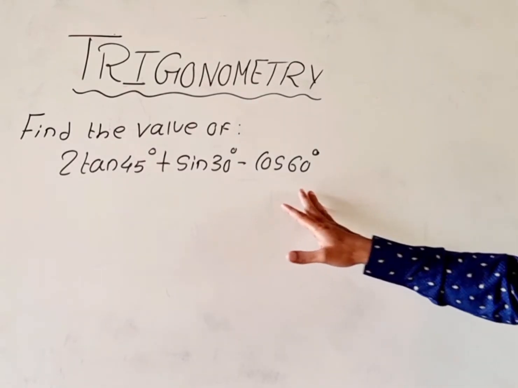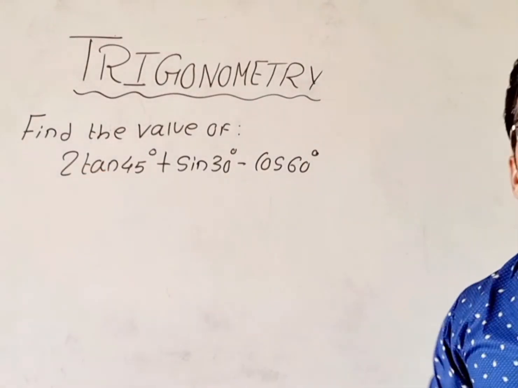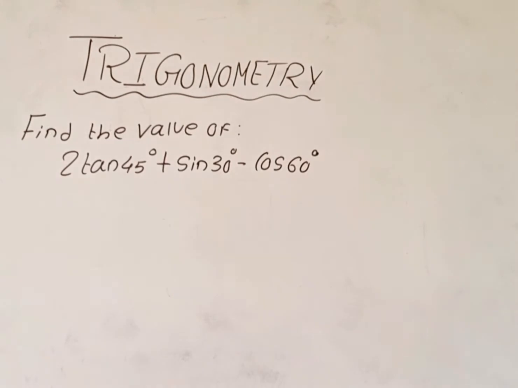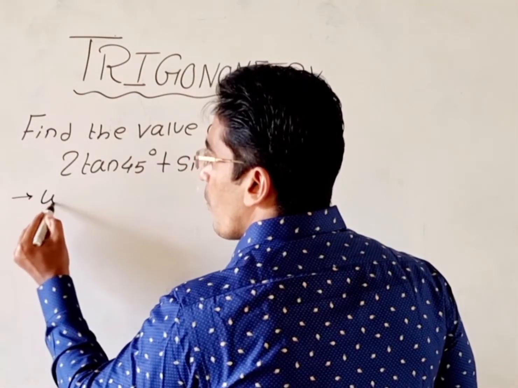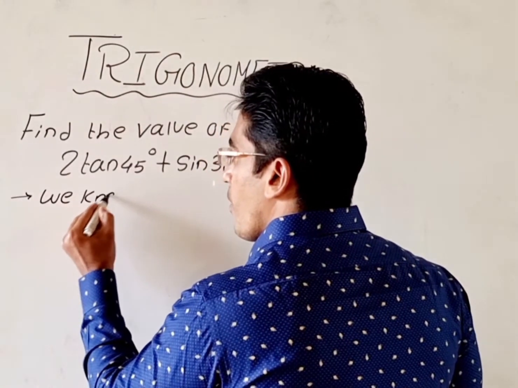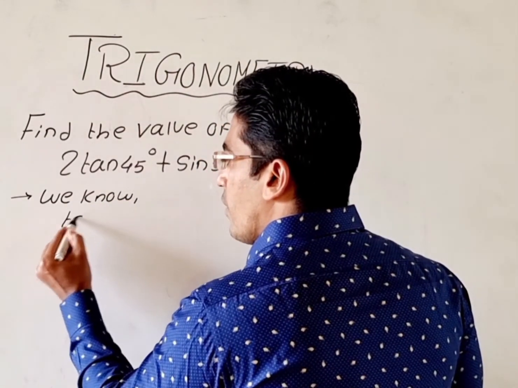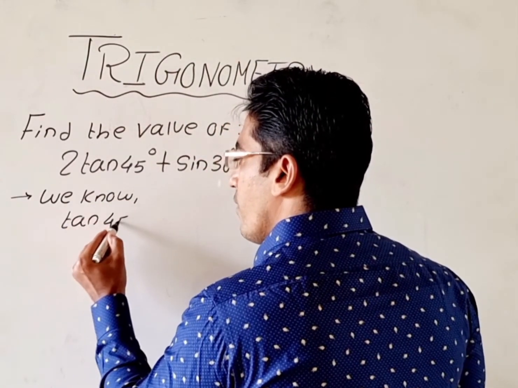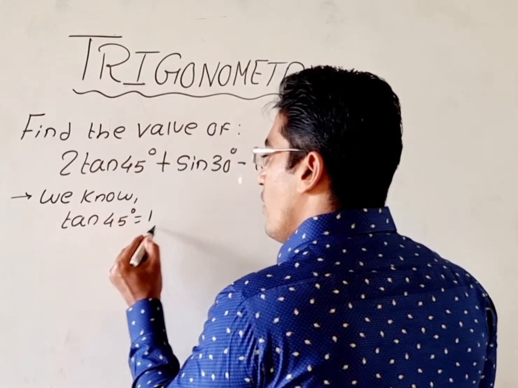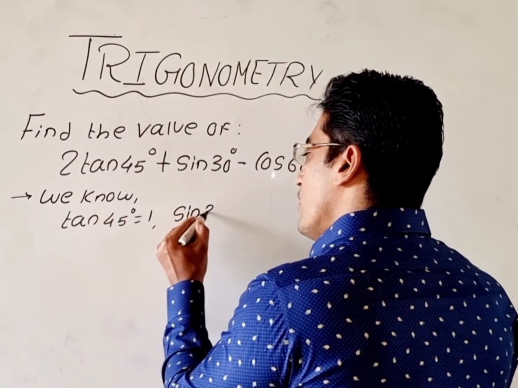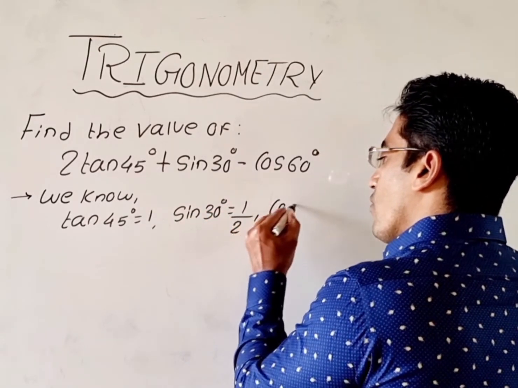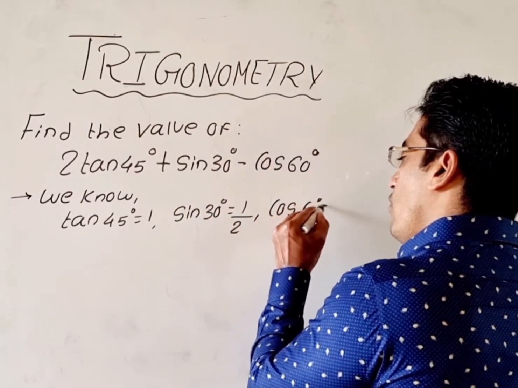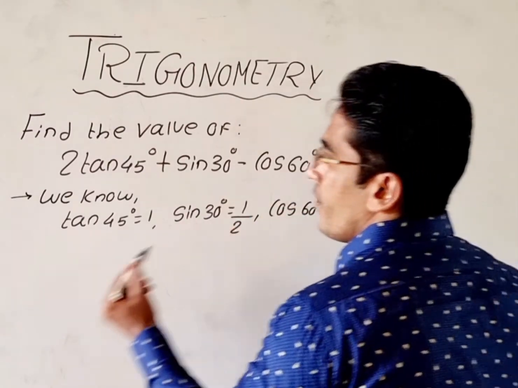Now we have already seen these values in the trigonometric table. Students have to remember this table. So we will begin the sum. What is the value of tan 45? Tan 45 value is 1. What is the value of sin 30? Sin 30 is equal to half. Cos 60 value is half.